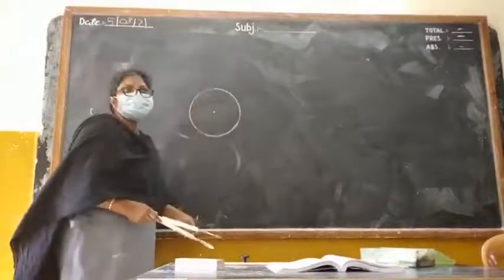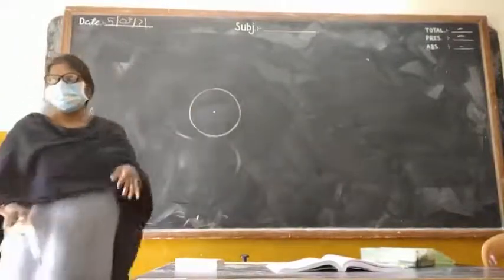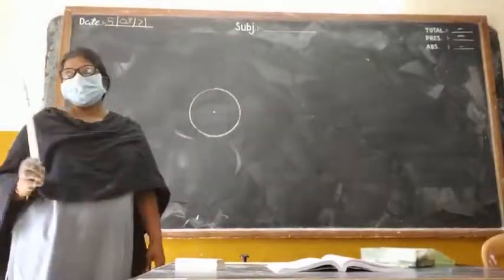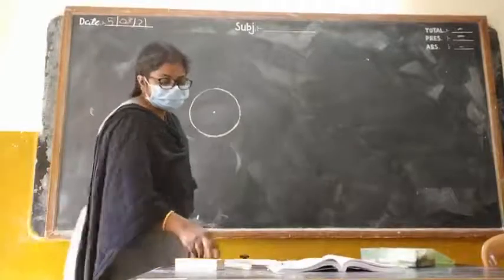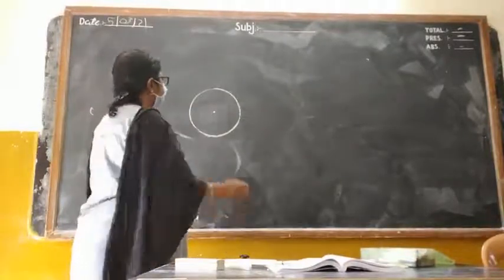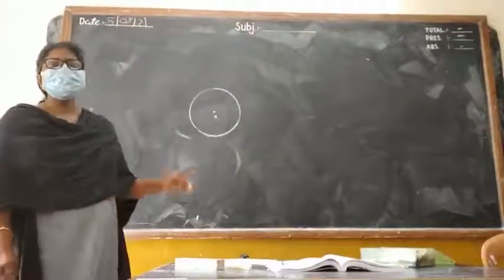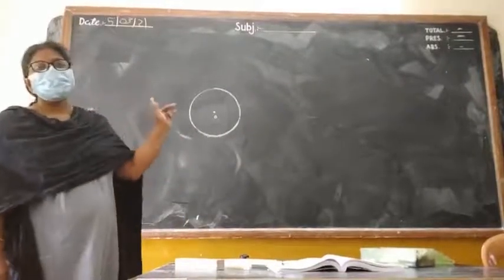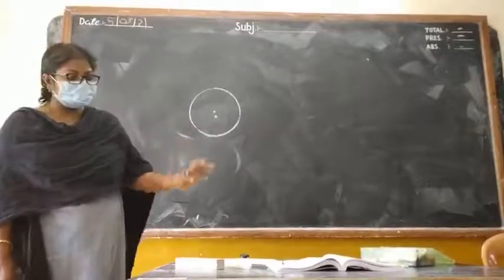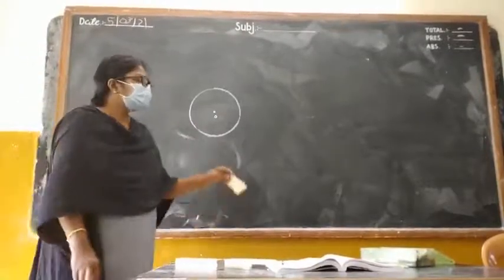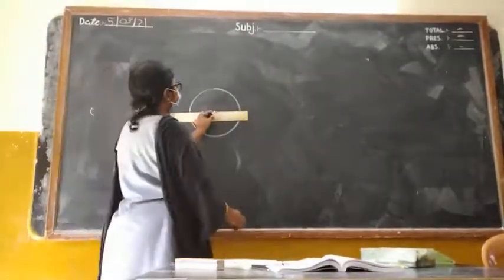So one circle we have drawn. So draw that 3 cm radius circle. So O is the center. Now it is given from the diameter. Okay. So diameter first we draw.